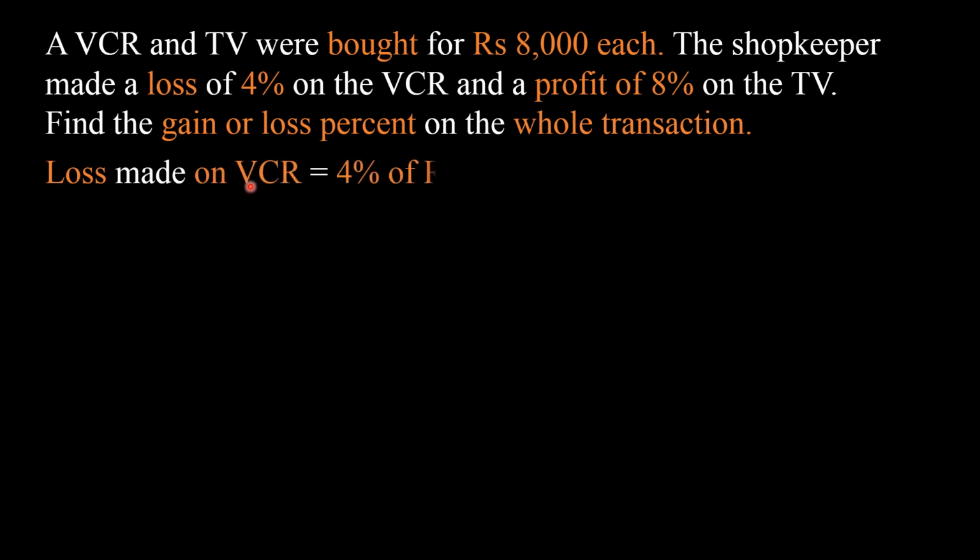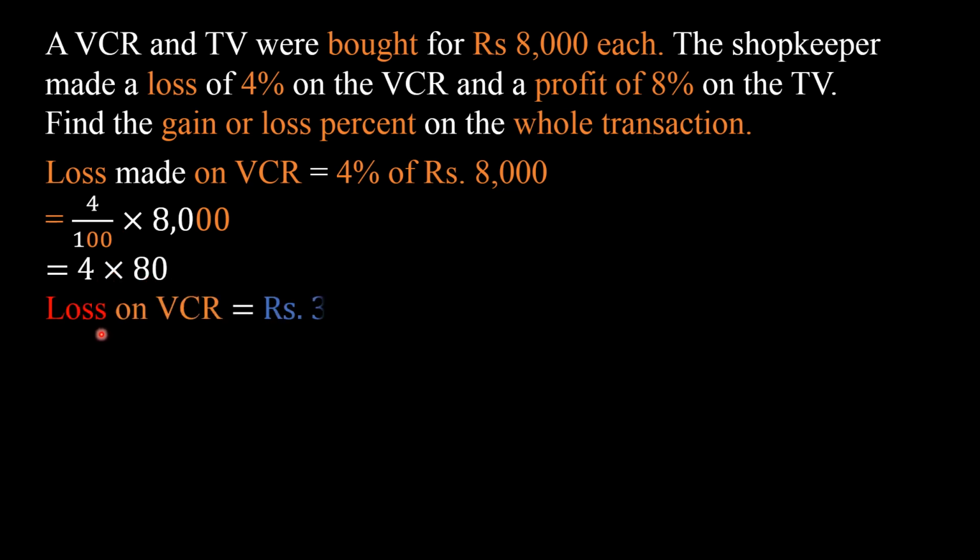The loss made on VCR is 4% of rupees 8,000, because the cost price of VCR is rupees 8,000, which will be 4 divided by 100 multiplied by 8,000. These two zeros will get cancelled with these two zeros, so we get 4 multiplied by 80. That will be the loss on VCR, which is rupees 320.